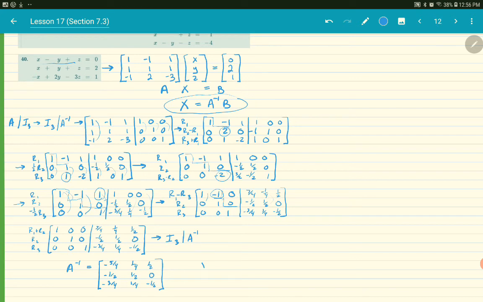Now to find x, I take my A inverse and multiply it by b. And remember, b is the 0, 2, 1.